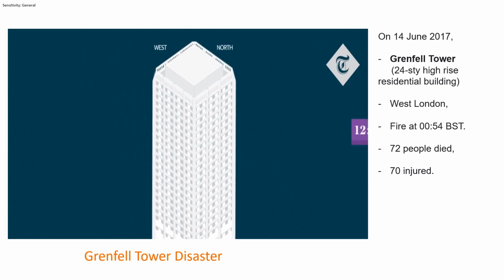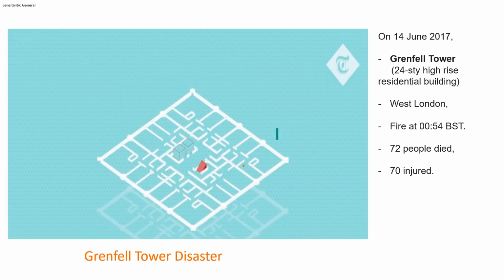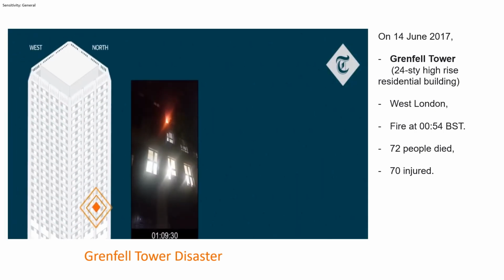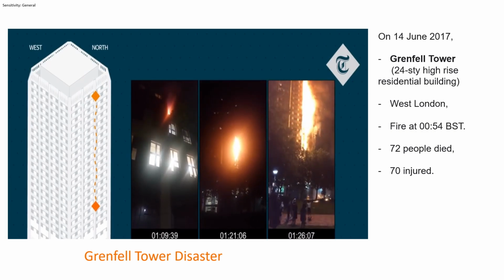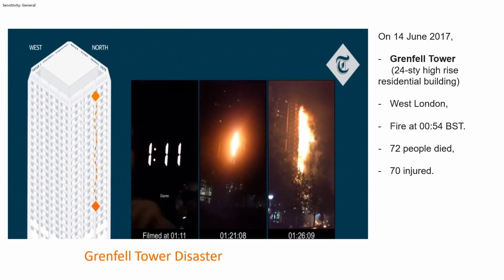The blaze started in flat 16 on the 4th floor of the east elevation. It rapidly spread through the window. The first image of the flames taking hold outside flat 16 was taken at 1:09 a.m. It took just a few minutes for the fire to spread up 19 stories to the top of the building.